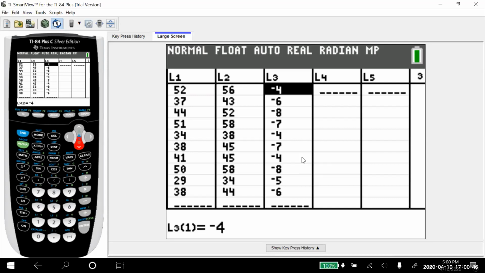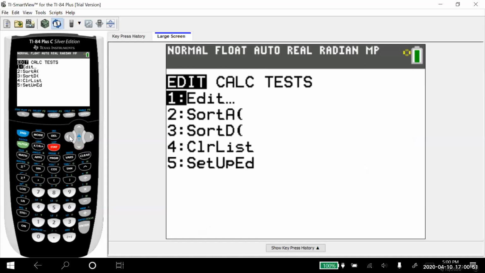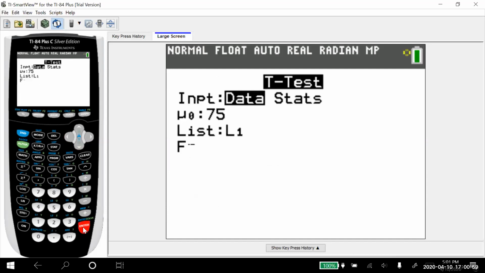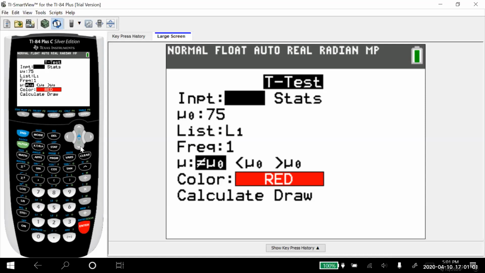We already have our hypotheses set up. So now I go stat, but notice when I go test, it's not a 2-sample t-test, it's just a regular t-test. So go down to 2, pick t-test, and the mu sub 0 here, think about what's happening.